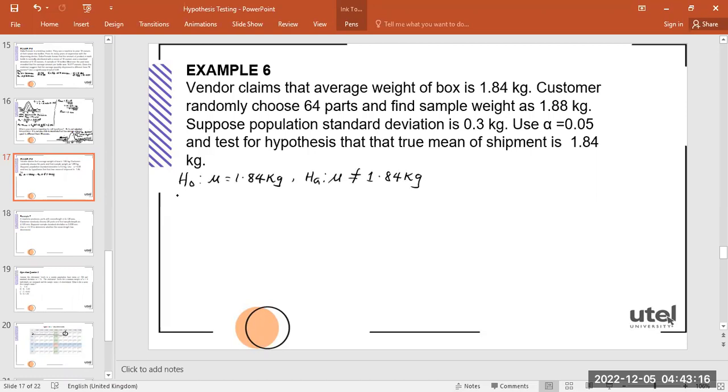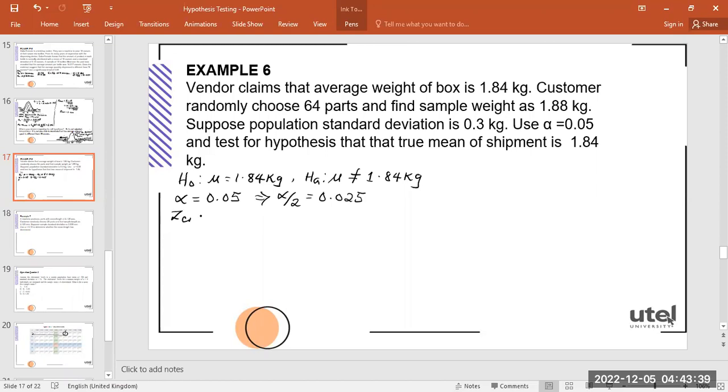kg. And we're told that alpha, our level of significance, is 0.05. Now this implies that our alpha by 2, as explained in the previous slide, is 0.025. Now the next thing we need to do is calculate our Z critical.